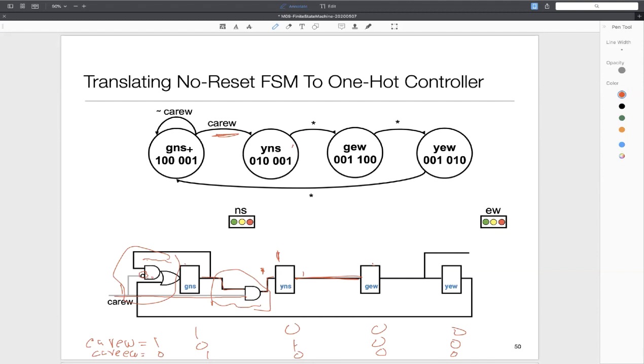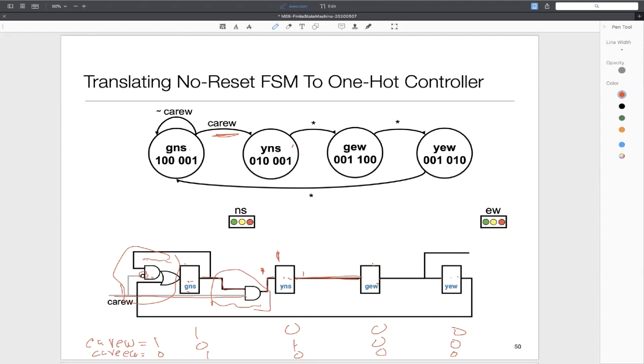Well, the flip-flop is a 1-bit thing, so my state together is the value of these 4 bits. Okay, I see what you're saying. If you're in GNS, the GNS flip-flop is going to be 1 and the remaining ones are going to be 0. That's how it's one hot-coded. So my state vector, my state register, is made up of these 4 flip-flops.